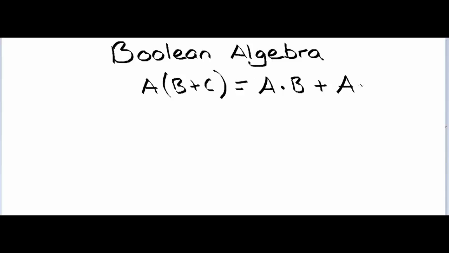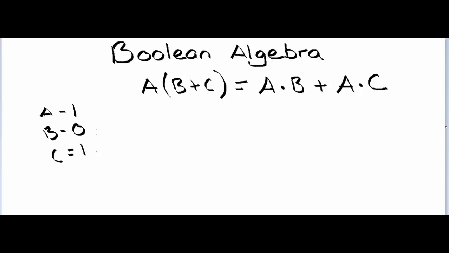The next rule, starting to get a little bit mathematical now. A, B plus C, in brackets, always equals A multiplied by B plus A multiplied by C. It's getting a little bit confusing. This is when you need a degree in maths. So if we say that A is going to be 1, B can be 0, and C can be 1.